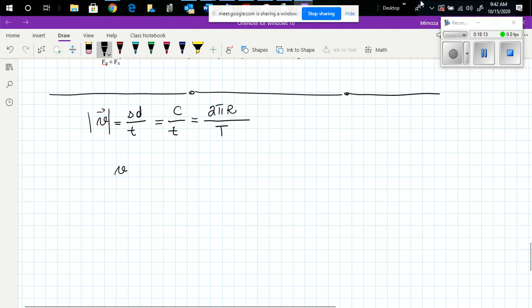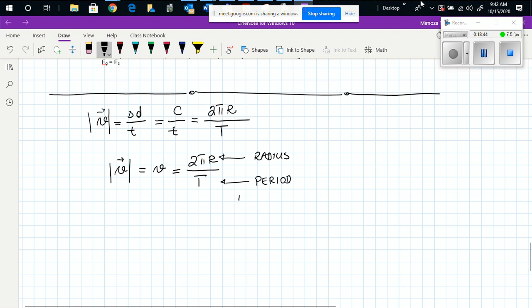So now we have the magnitude of the velocity as the object is moving in a uniform circular motion, which you can simply say is v equal to 2 pi r over t, where r is the radius of the circle and t is known as the period, or the time that the object takes to complete a full circle.